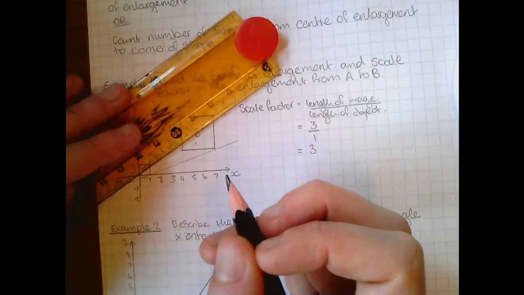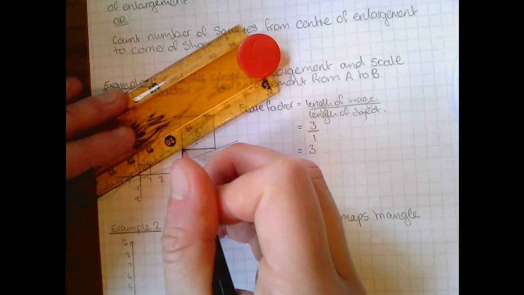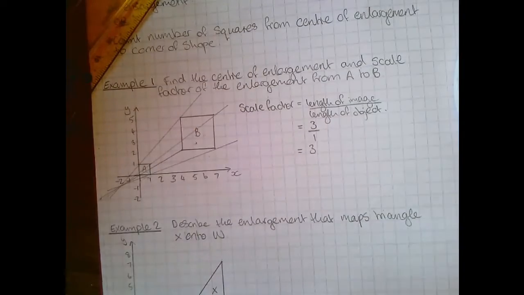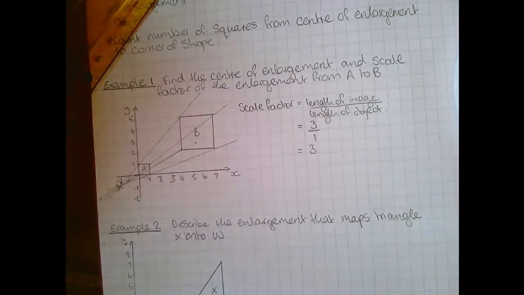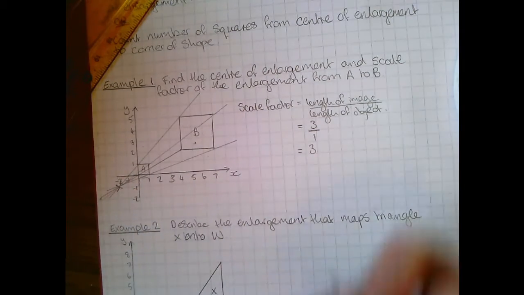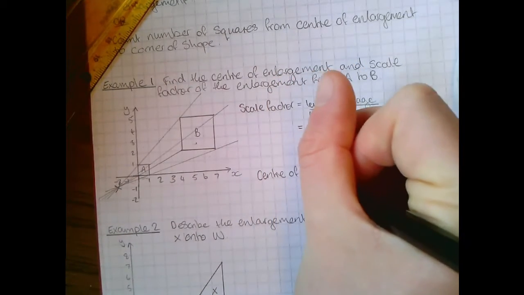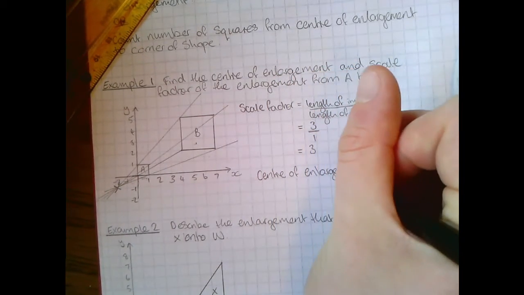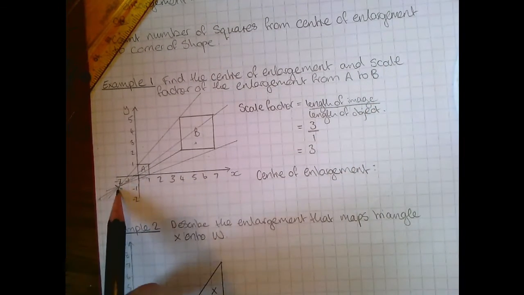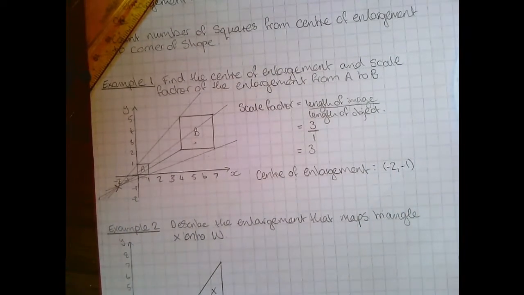And then the last one, we join up to start here and we join it to that one. And we can see that they all intercept each other. So they all cross over each other at this point here. So our centre of enlargement for this one is -2, -1. Okay, so that's where we've enlarged from.